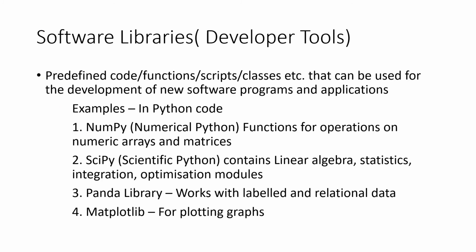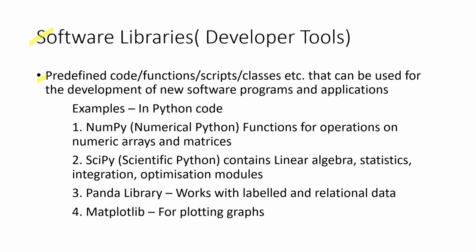Now we are in the last topic under application software. This is the software libraries or the developer tools. Software libraries are nothing but predefined code, functions, scripts, classes, etc. that can be used for the development of new software programs and applications. And I can give you an example.